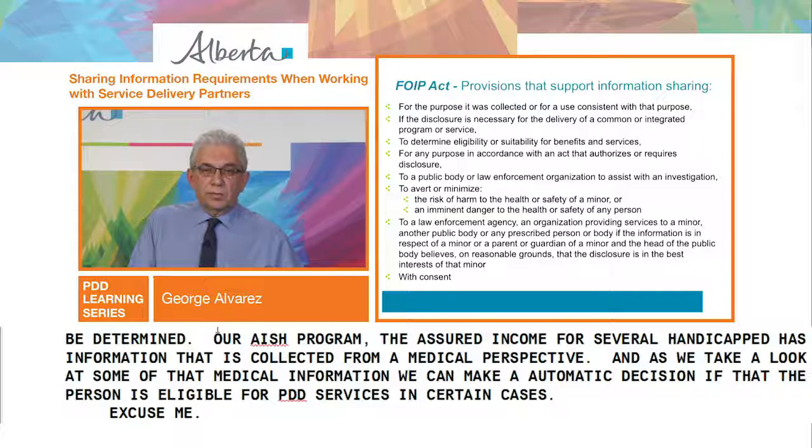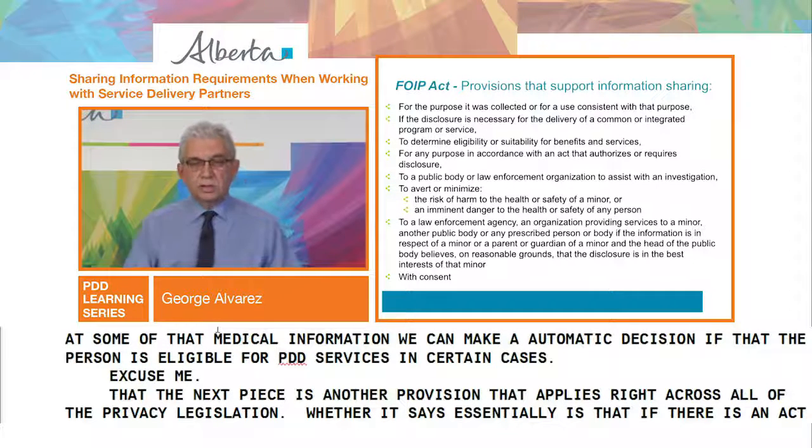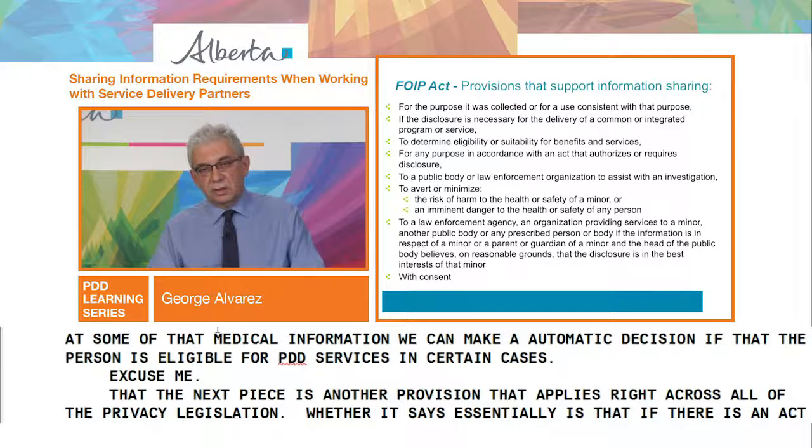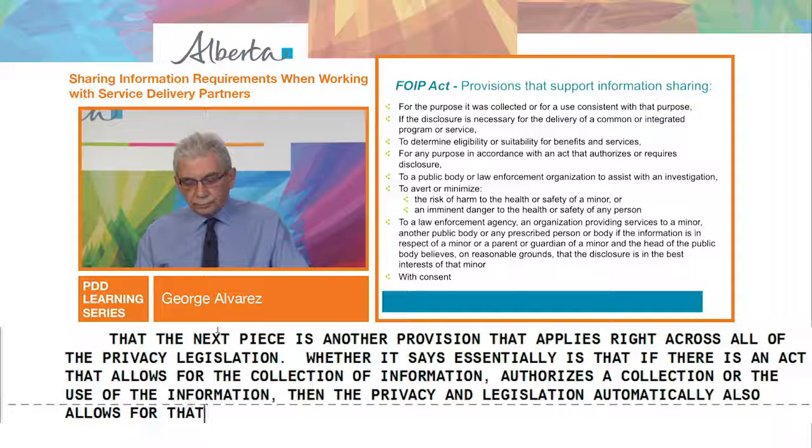The next piece is another provision that applies right across all of the privacy legislation. What it says essentially is that if there is an act that authorizes the collection or the use of the information, then the privacy legislation automatically also allows for that to take place.